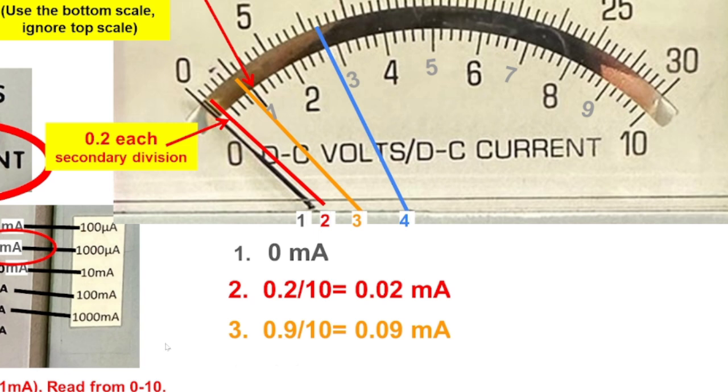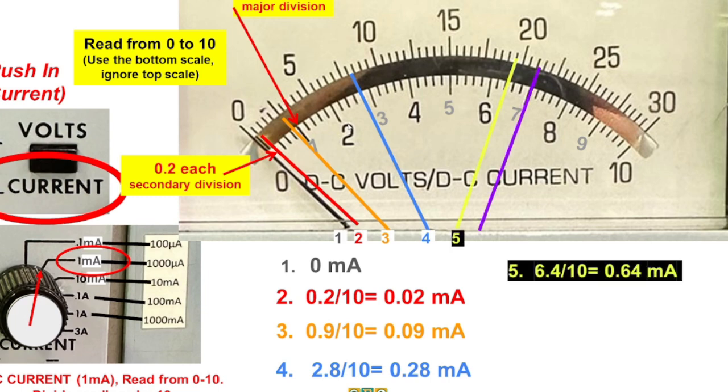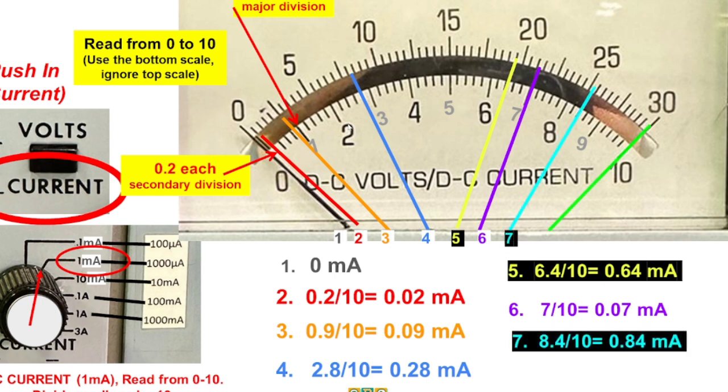For number 3, let's go back to number 3. I think I said 0.9 divided by 10, that will be 0.09. And number 4 is 2.8, because this is 0.2, 0.4, 0.6, 0.8. 2.8 divided by 10, 0.28. So that's the rule that you should not forget. 6.4 divided by 10, 0.64 milliamperes. 7 divided by 10, that will be 0.07 milliamperes.